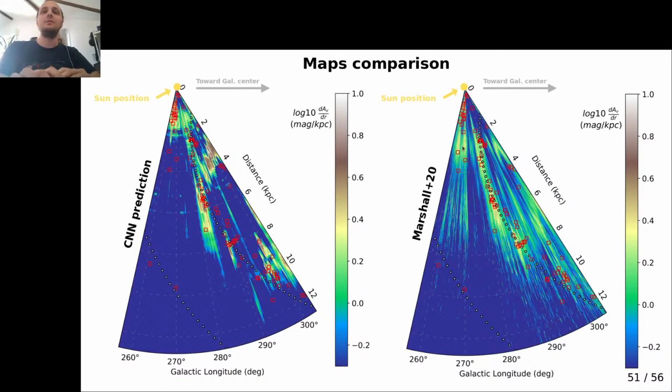But you will see afterwards that we are not in agreement for some parts of the map where the Marshall map is much more convincing than ours.